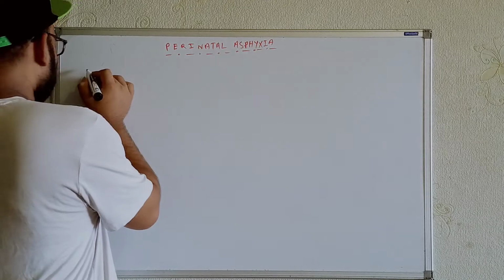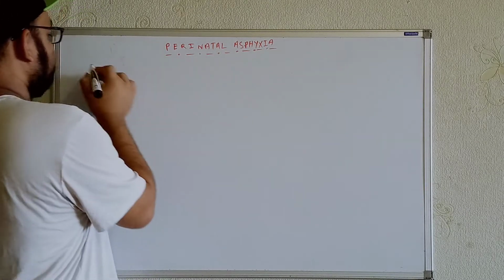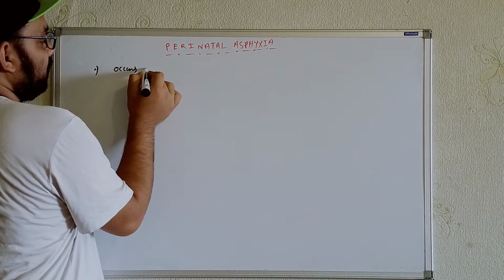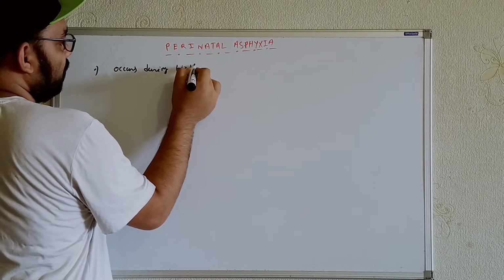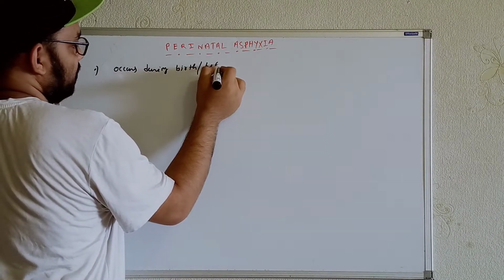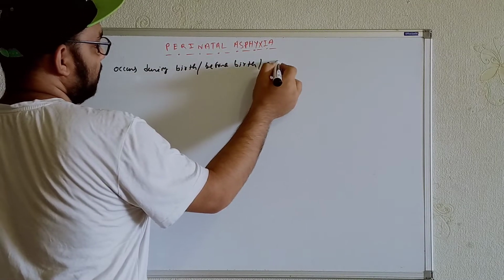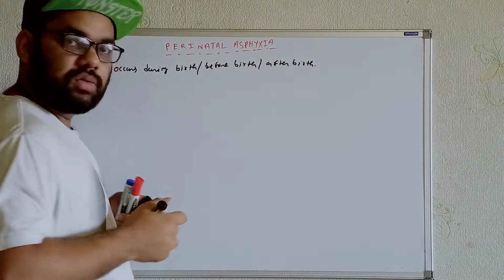So when can you see this type of problem? Perinatal means you have to write that it occurs during birth, or we can get it before birth, or we can get it after birth. And what do you mean by asphyxia?